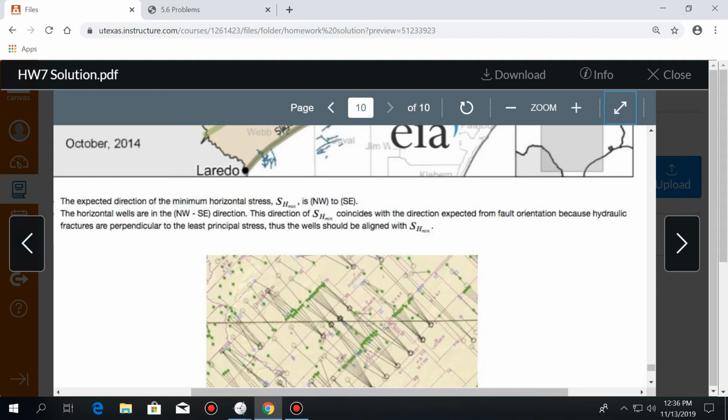Any questions about wellbore, about faults and fractures? No? All right, then let's go talk about wellbore stability. Do you have any questions about the homework number 8, I believe, and its solution?